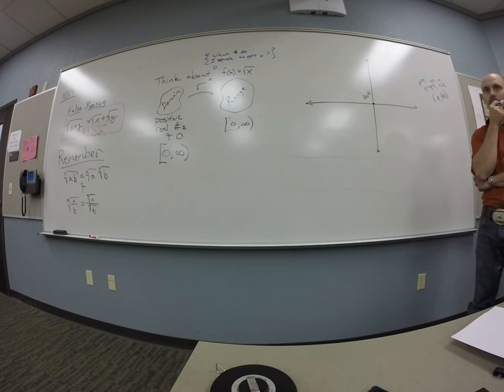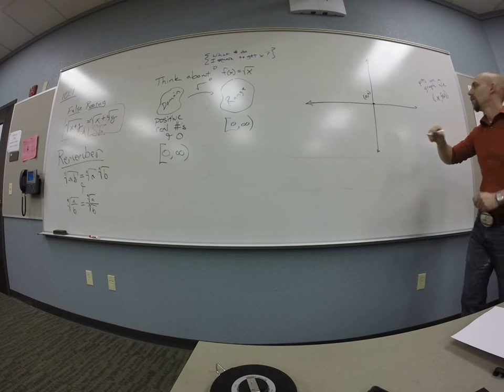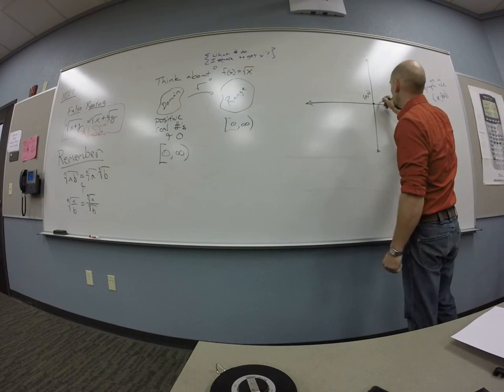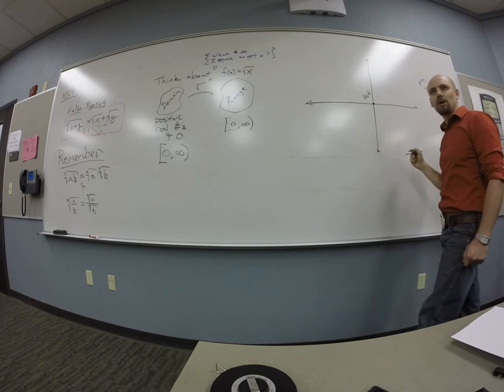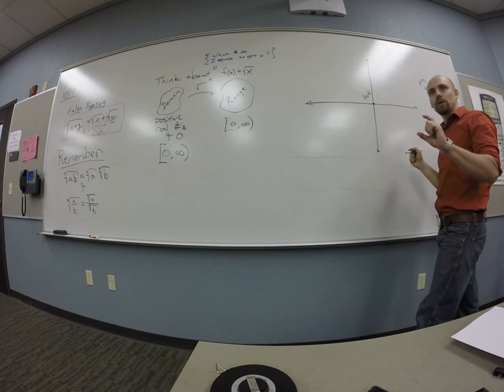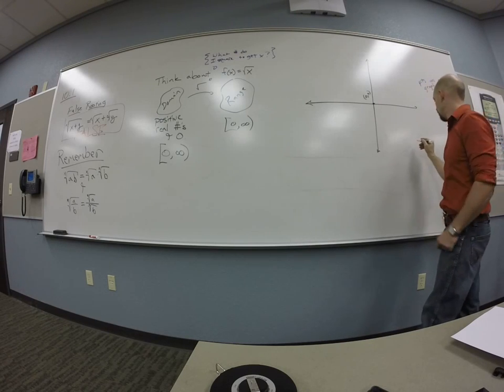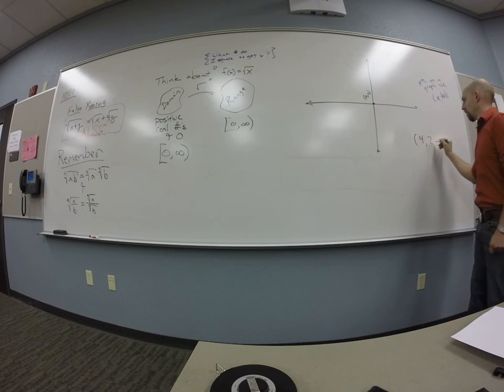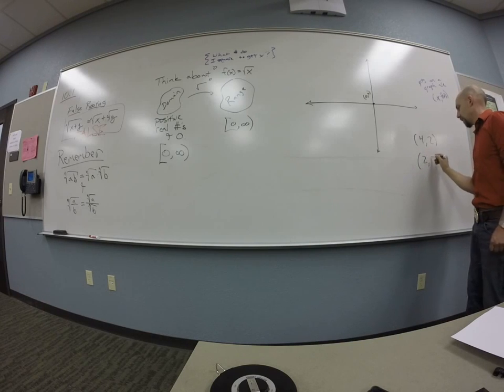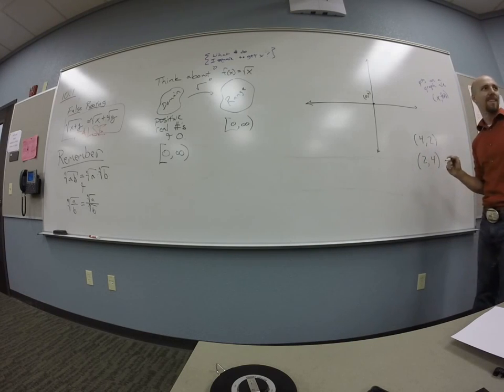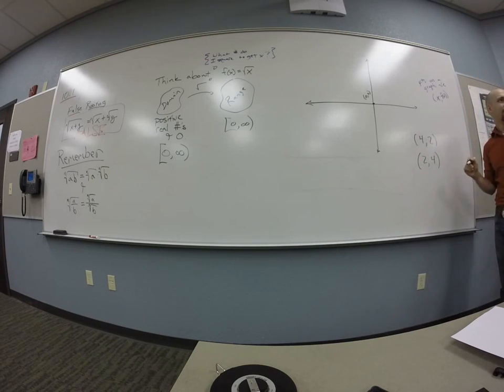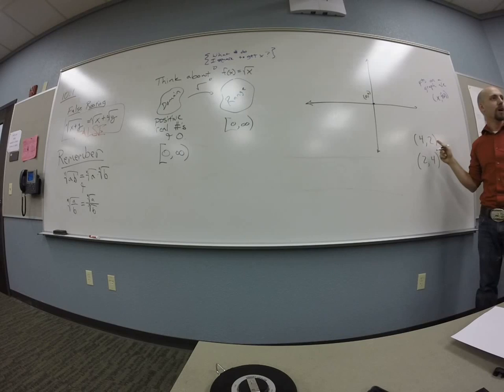Is it 2 and 4 or 4 and 2? Okay, so I know that the square root of 4 is 2, and I'm confused about which way it goes, right?